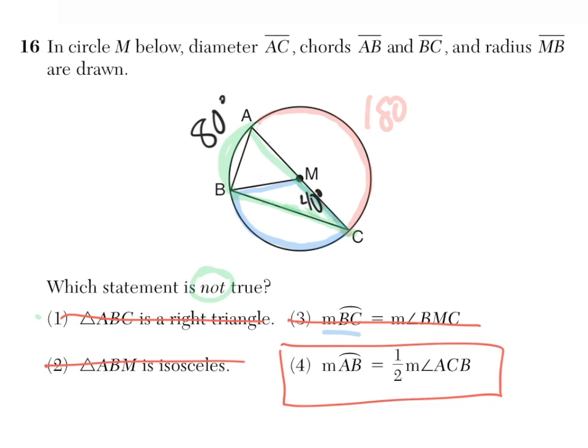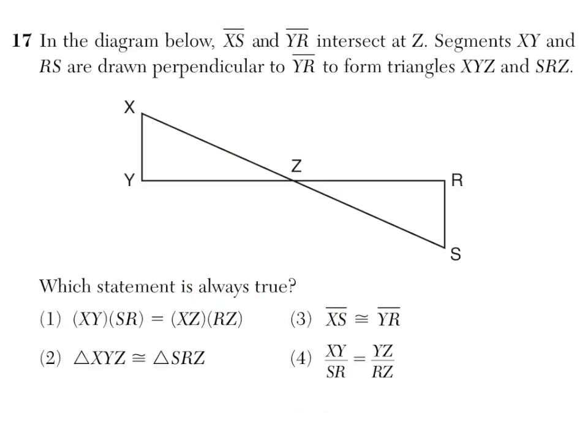But that's not what this is saying. This is saying the opposite of this. It's saying that this arc is equal to half of ACB. For this to be true, we would need to double 40 so that 80 equals 80. And this would have to be, instead of 1/2, 2. Correct answer is option number 4.